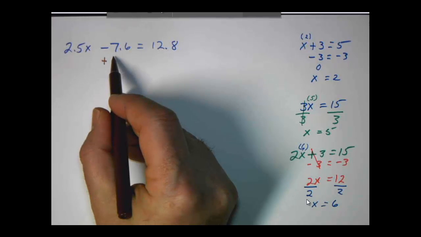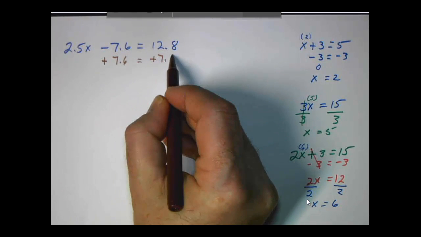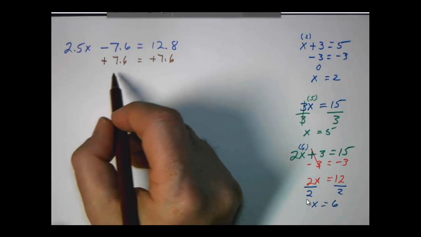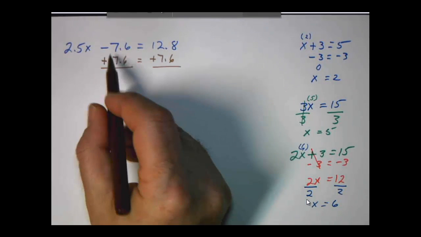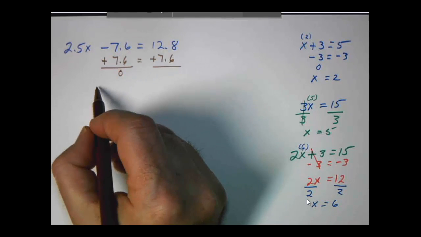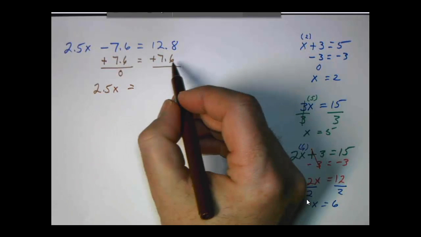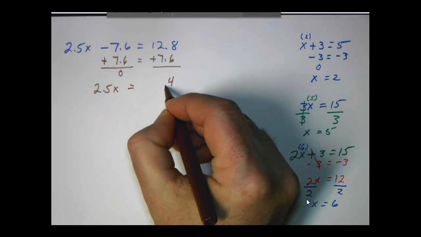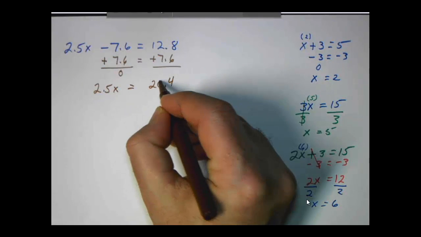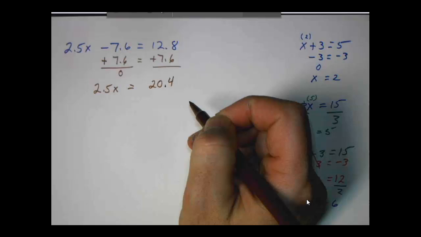So we're going to do plus 7.6 plus 7.6. Again, I would write down the operation signs. Minus 7.6 plus 7.6 is going to be 0. 2.5x is going to drop down. Since I'm adding, I'm going to have 20.4 on the other side of the equation.